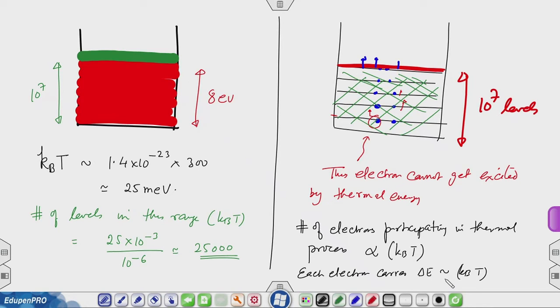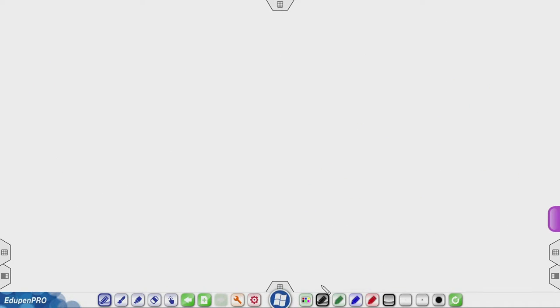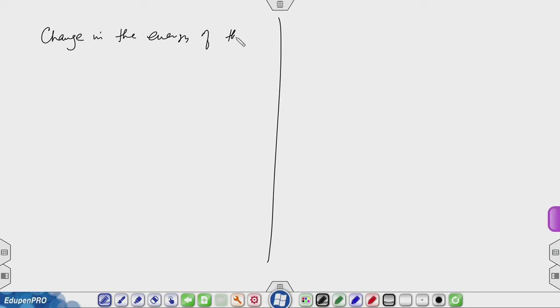So, change in the energy of the system is roughly kBT square, and delta E by delta T therefore will be proportional to T, and that is Cv.